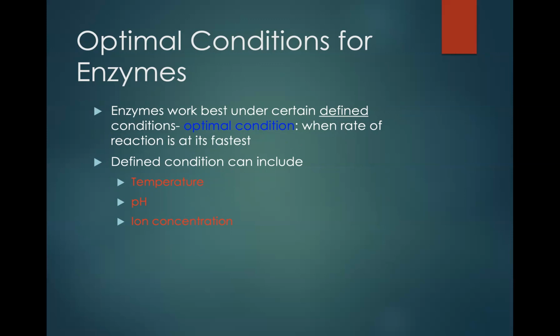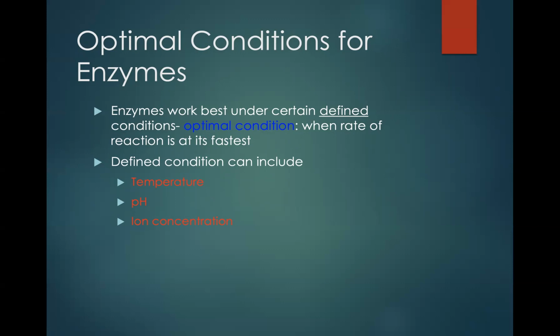Optimal conditions for enzymes are necessary if we're going to get the optimal catalytic activity of this enzyme. In chemical reactions, enzymes work best under certain defined conditions. These are what we refer to as optimal conditions. Under the optimal conditions, this is when we get the rate of reaction at its fastest.